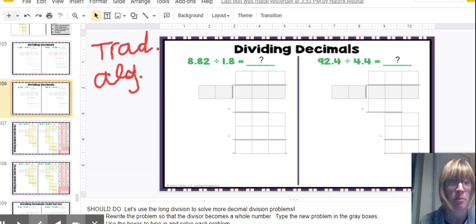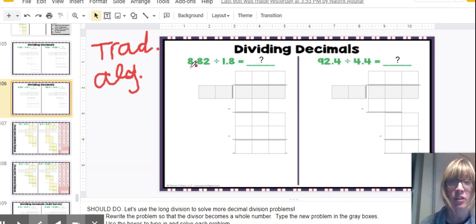Because you end up using your multiplication facts in order to solve the inverse operation, which is division. And the good news here is that if you feel comfortable in understanding the algorithm for whole numbers, the algorithm is exactly the same. The process is just slightly different with one teeny tiny little adjustment.